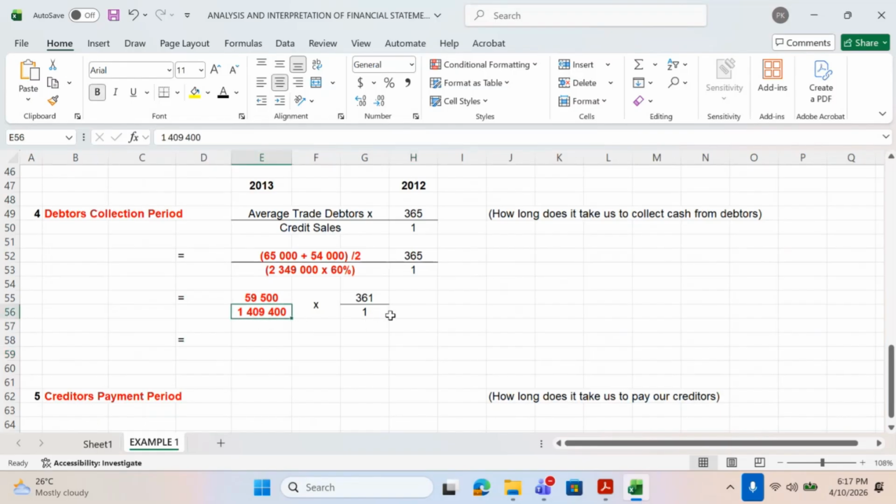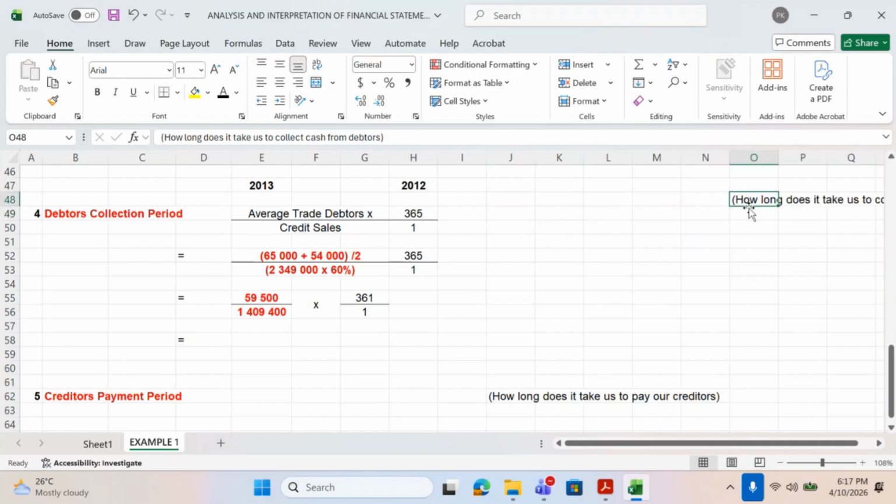Now let's get the total, you guys. How much are we going to get? 15.4. 15.41.